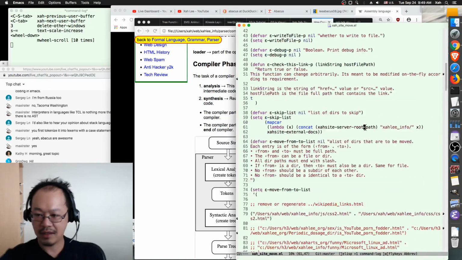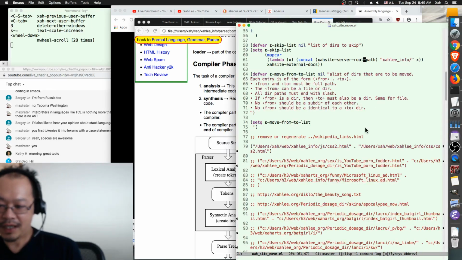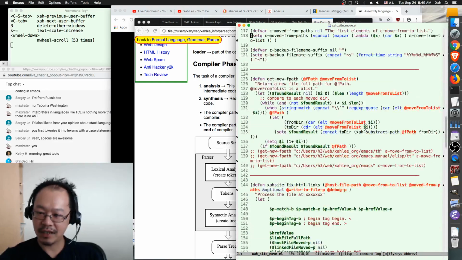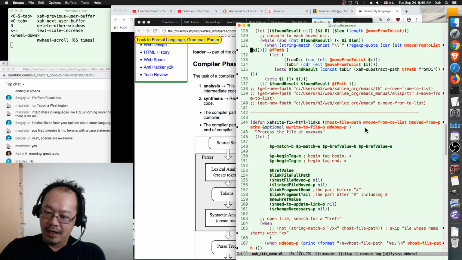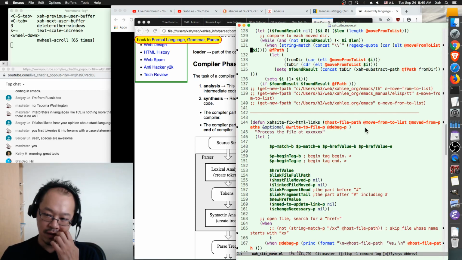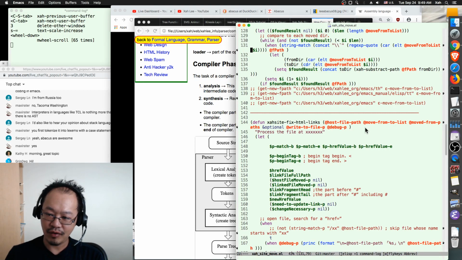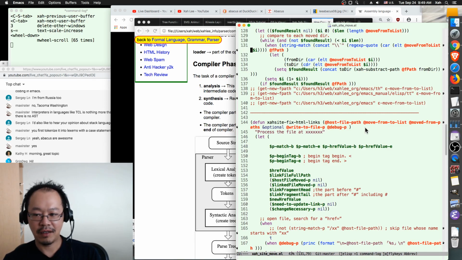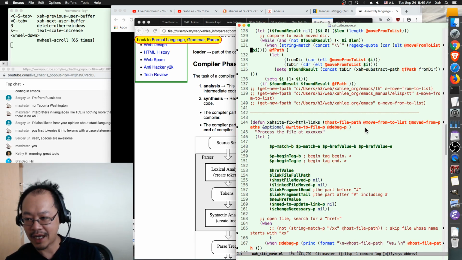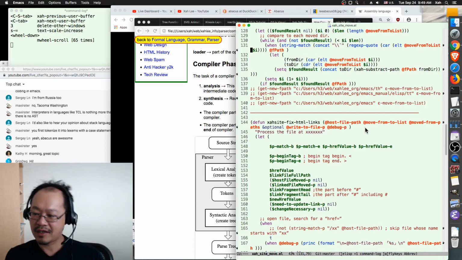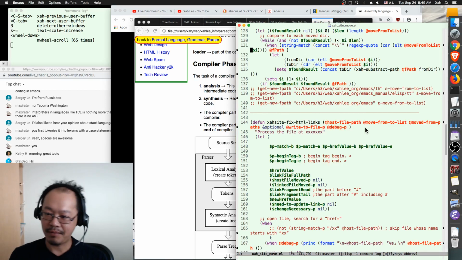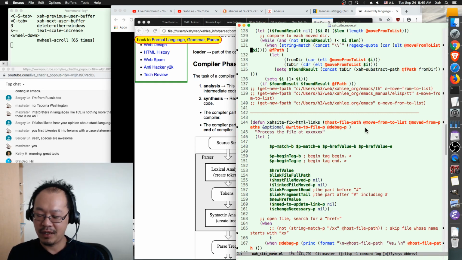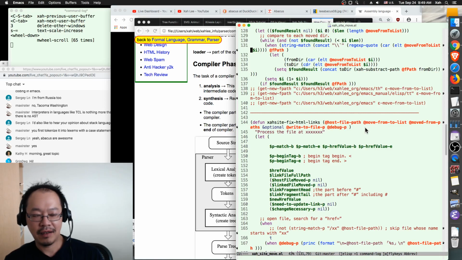For example, this is Emacs Lisp. Emacs Lisp compilers have to read this source code, then typically you output what's called an AST. That stands for Abstract Syntax Tree. Not just that, more information than that. But basically, you read the source code, you output in a more logical format.